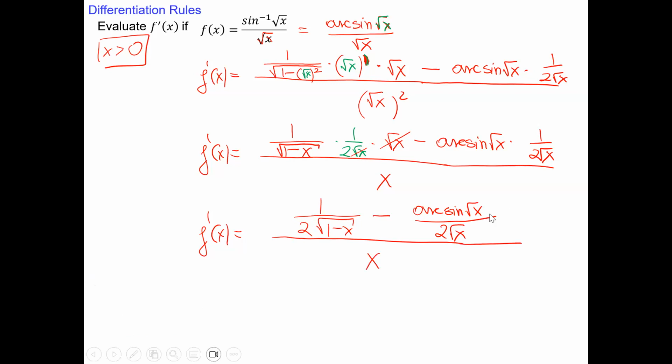But one important comment is this square root of x we cannot cancel out because that's not an algebraic function, it's an inverse trigonometric function. That's a different type, and this is the angle. This is sitting inside. It's not a product to be canceled out. Okay, let's leave it. We may still try to get common denominators, but important was the quotient rule, chain rule, and a couple of formulas.